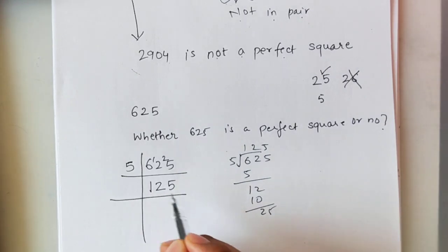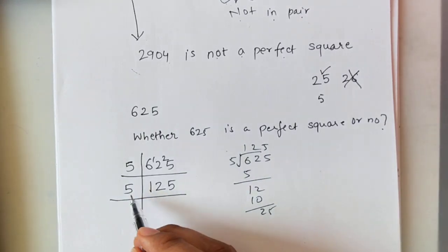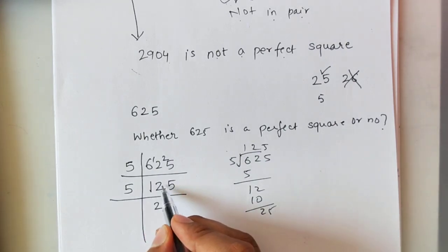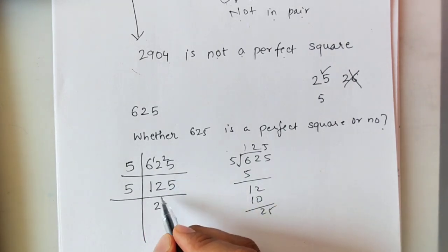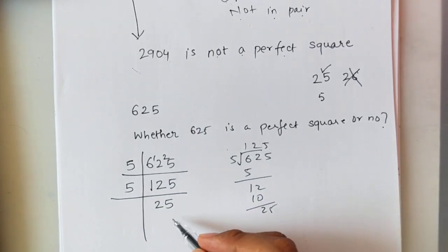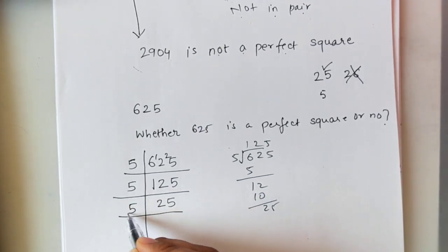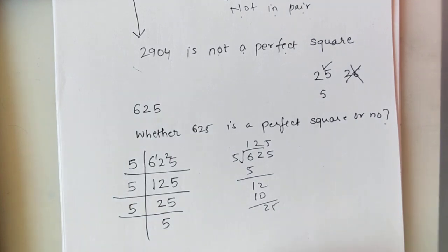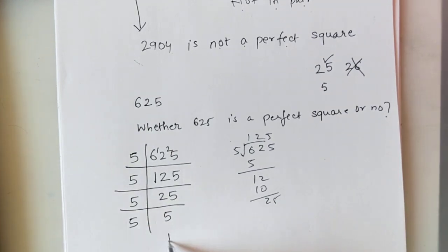Now next, again I'll try with 5. So 5 2s are 10. So 2 is remaining. This will become 25. So 5 5s are 25. Further, 5 5s are 25 and 5 1s are 5. I have prime factorized it completely.